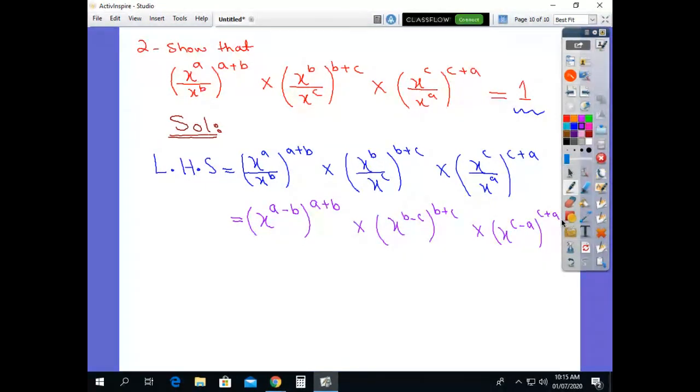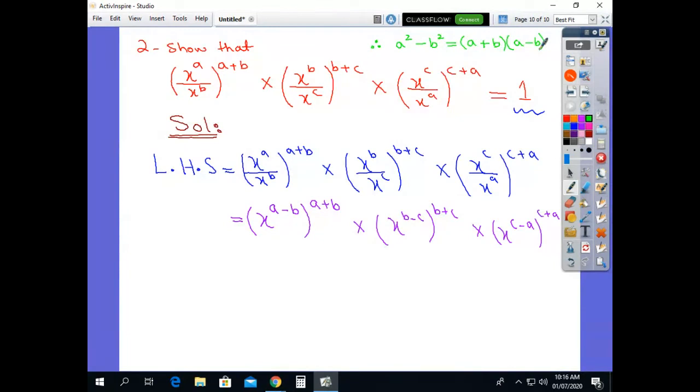In 8th standard, we used a formula. If you remember, we used the formula so many times. What is the formula we used in 8th standard? a square minus b square is equal to a plus b times a minus b.